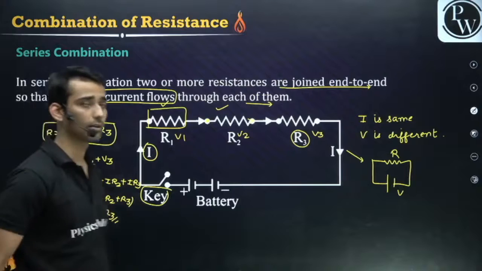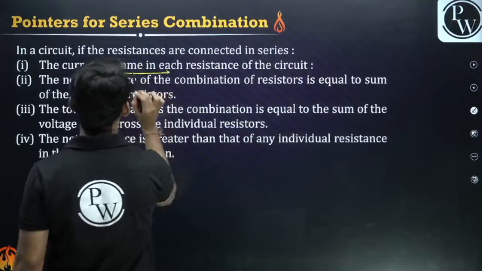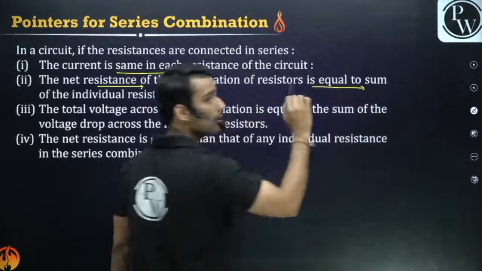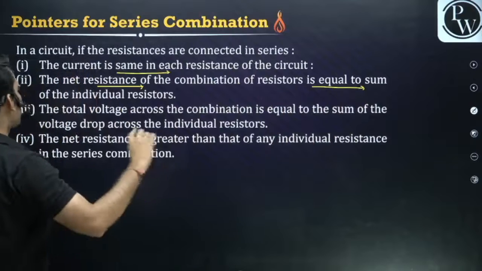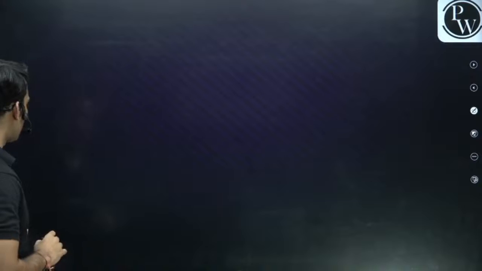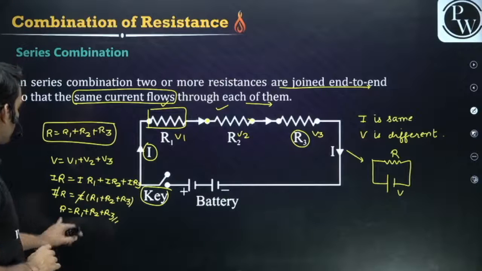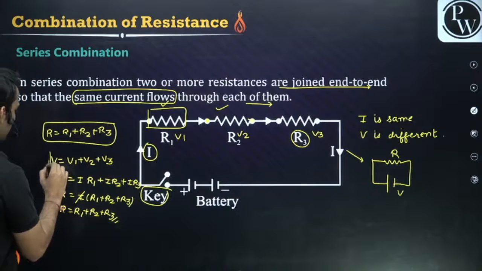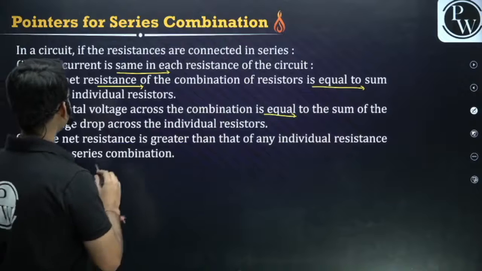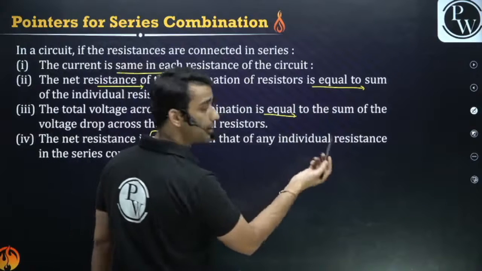Series combination. What are the properties of series combination? The current is the same in all. Next, total resistance is the sum of all the resistances. R is R1 plus R2 plus R3. Now what is the total voltage? It is also equal to the sum of the voltages across all the resistances. V is V1 plus V2 plus V3. Clear? Okay, next, net resistance is greater than any of the individual resistances.